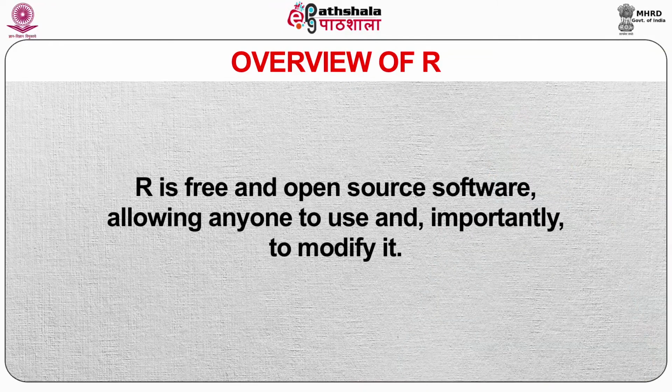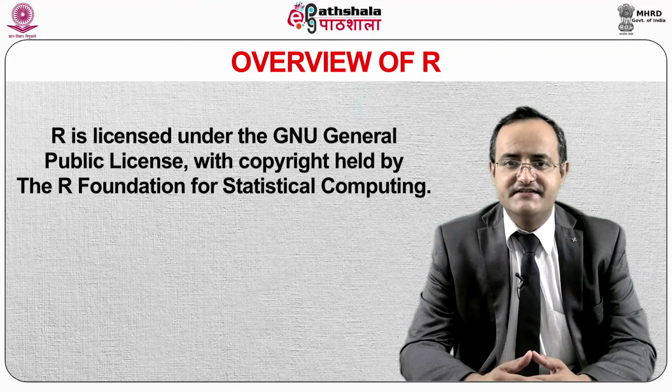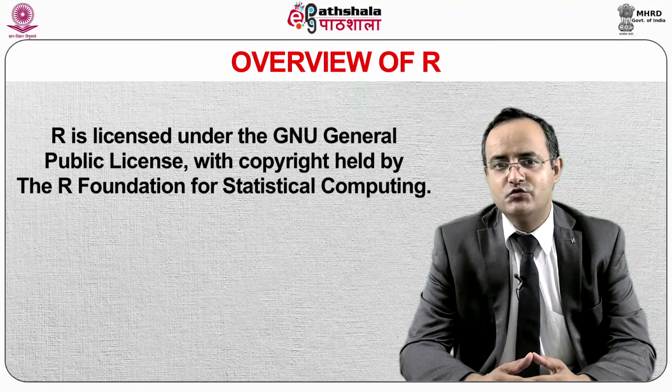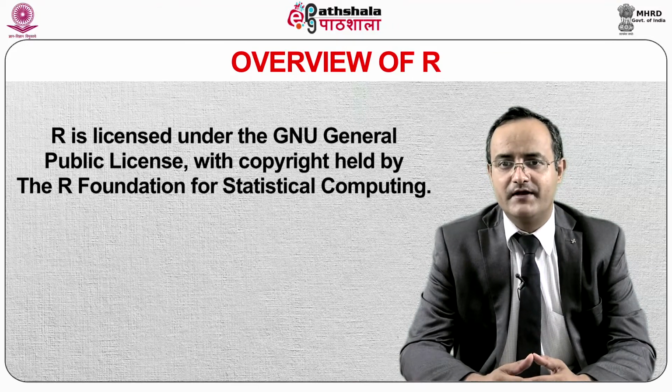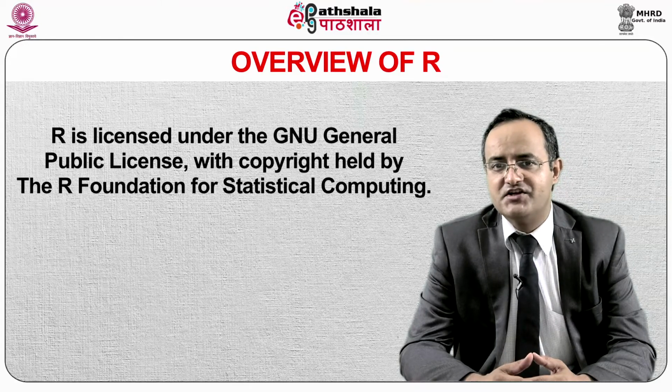R is free and open source software, allowing anyone to use and, importantly, to modify it. R is licensed under the GNU General Public License with copyrights held by the R Foundation for Statistical Computing. R has no license restrictions other than ensuring our freedom to use it at our own discretion, and so we can run it anywhere and at any time and even sell it under the conditions of the license.